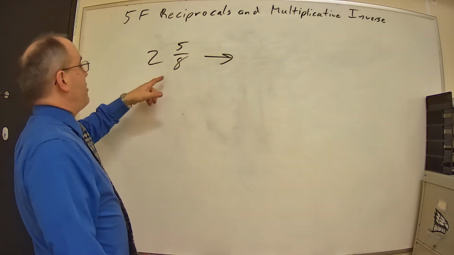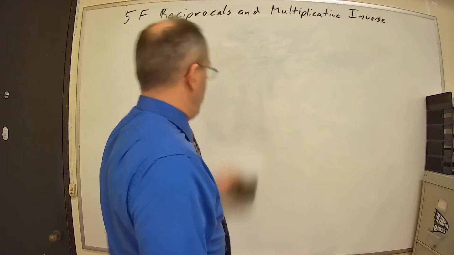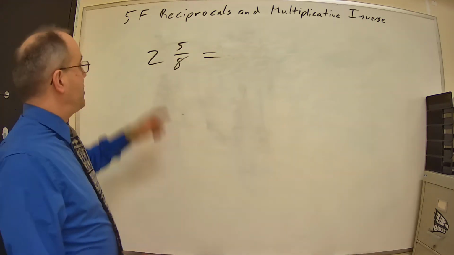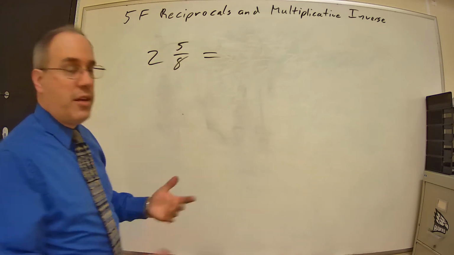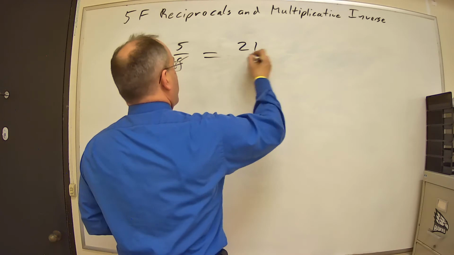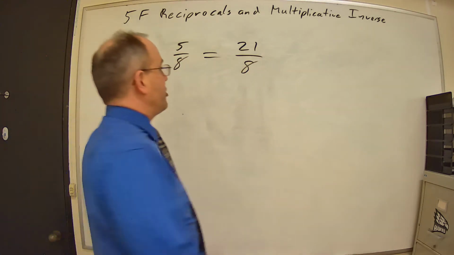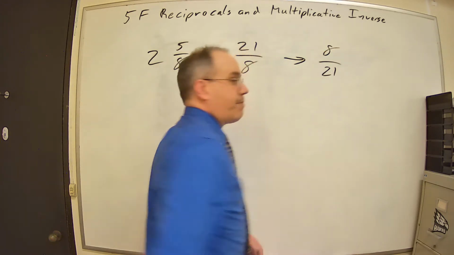So 2 5/8, we're going to turn that into an improper fraction. That's 2 times 8 is 16 plus 5 is 21. So that's 21/8. Oh, well, now I just have a fraction. The reciprocal of that is going to be 8 over 21.